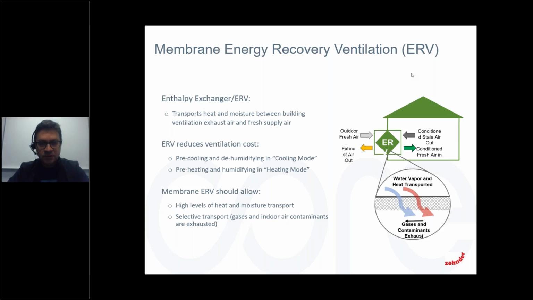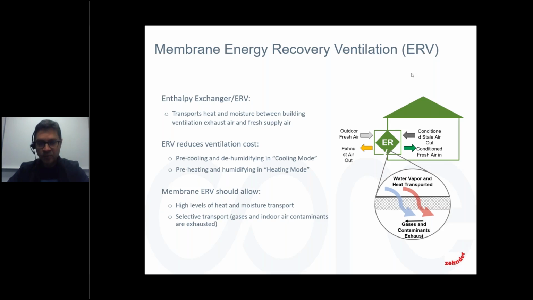And this allows the ERV, as discussed, to use the exhaust air to pre-cool and dehumidify the incoming air in cooling mode, so in Northern Hemisphere summer conditions. And it uses the exhaust air to preheat and humidify the incoming air during heating mode in Northern Hemisphere winter conditions.